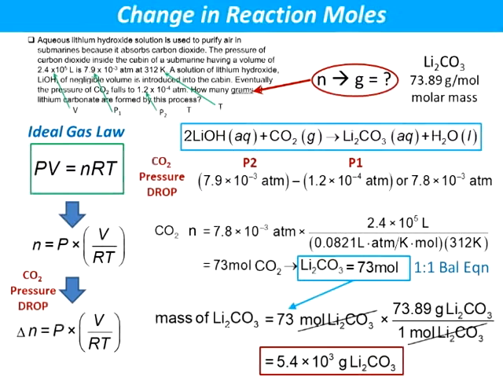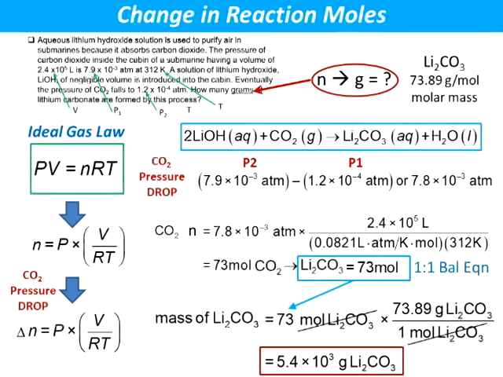So we take the delta P of 7.8 times 10 to the minus 3 atmospheres times the 2.4 times 10 to the 5 liters divided by our universal gas constant times our K, and we obtain 73 moles of carbon dioxide. That is the gas produced.